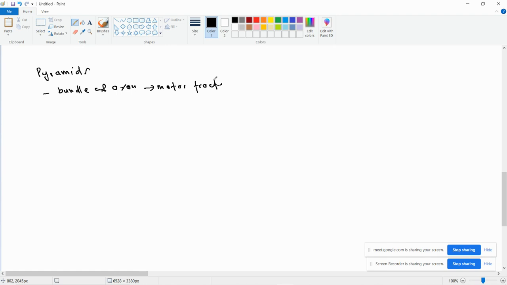In order to move into your brainstem and spinal cord, all these bundles of axons or motor tracts must pass through your pyramids, understood?